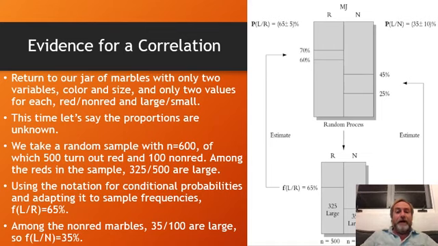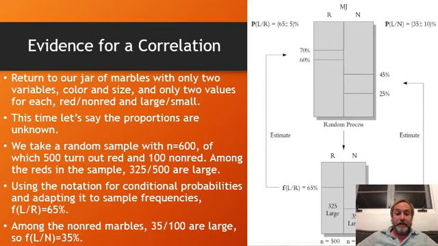So in that sample, 500 turn out to be red, 100 turn out to be non-red, and among the reds in the sample, 325 out of 500 are large. So using the notation for conditional probabilities and adapting it to sample frequencies, we've got the frequency of large conditional on being red is 65%.